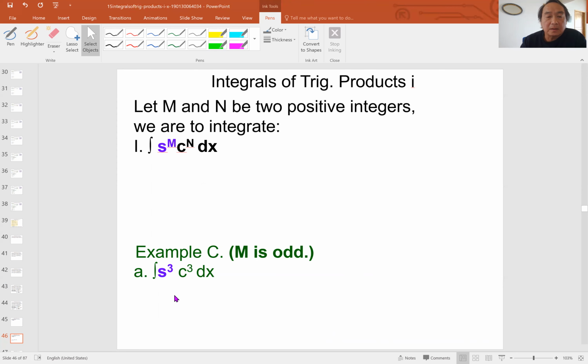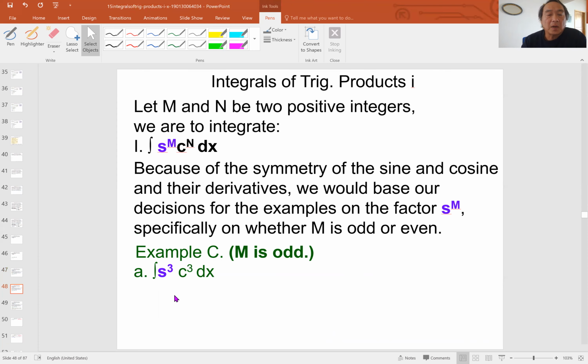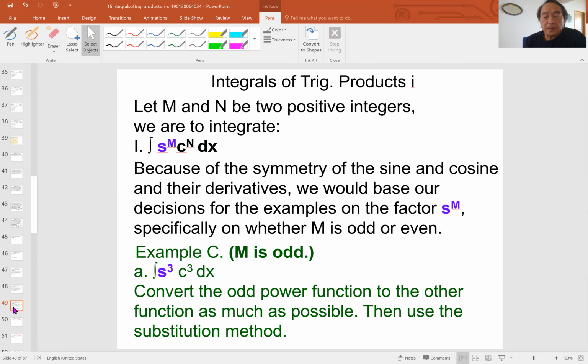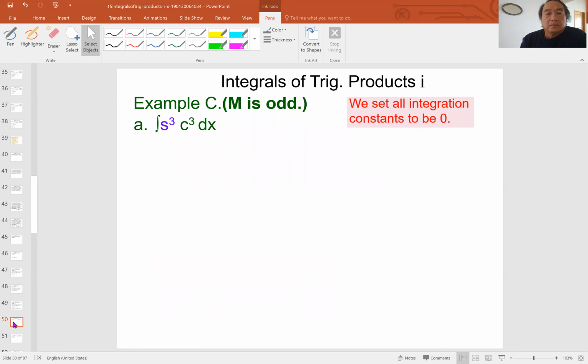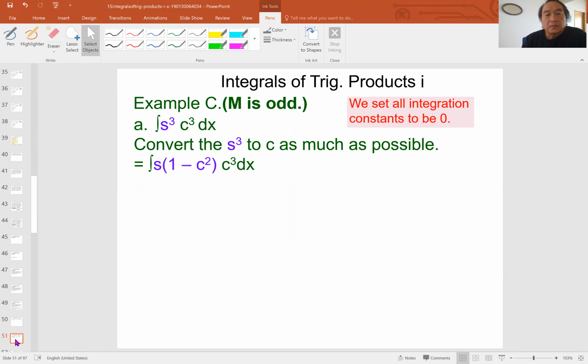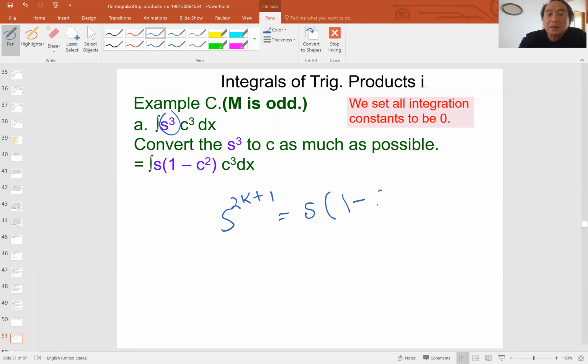And then the rest is an even power, right? And I convert the even power of sine squared into cosine. In general, if it's an r power that splits out, then I can write this as sine times (1 minus cosine squared) to the kth power.